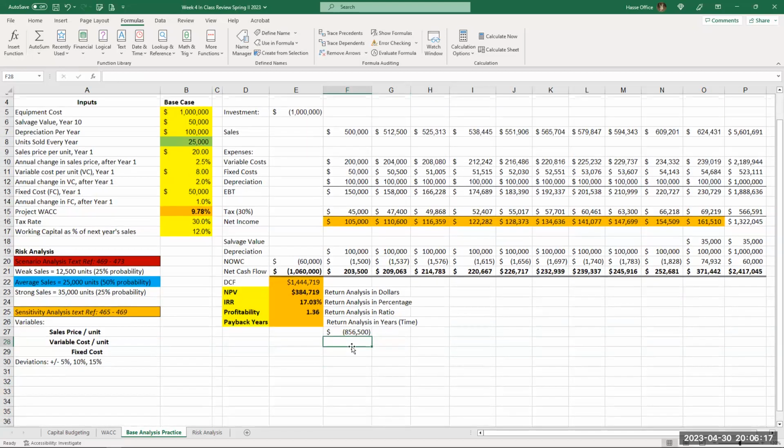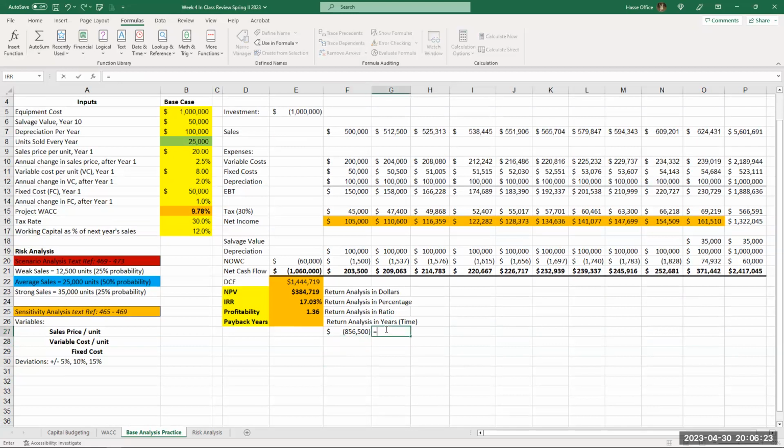So at the end of the first year, we still have $856,500 to pay back. Then we take $856,500 and add to it year 2 cash flow, positive, and we still have that to pay back. And then so on going forward.